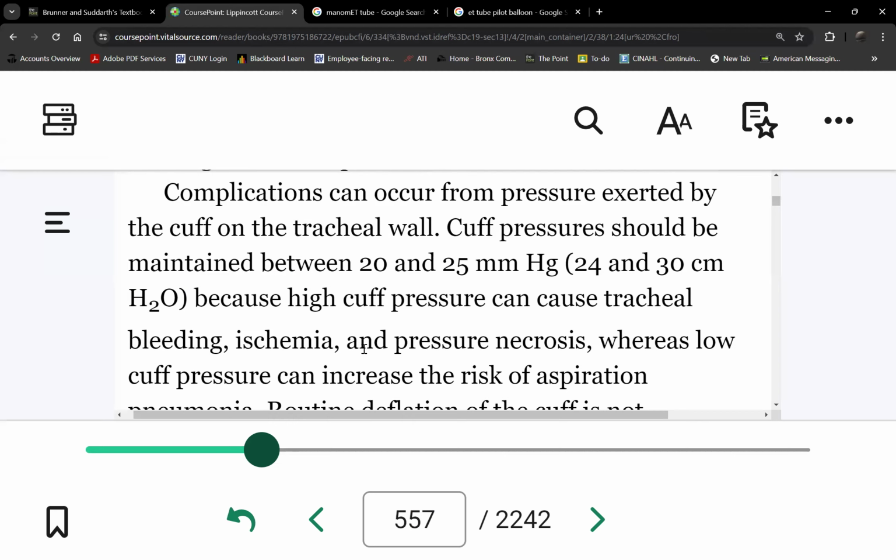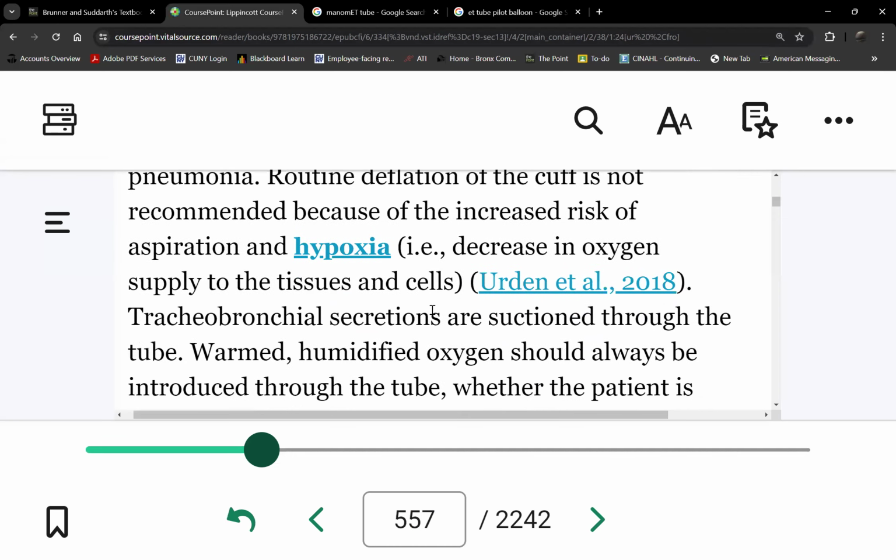It varies. Some people are tall, some are short, some are heavy, some are thin. But we know that these are the safe ranges for inflating an endotracheal or tracheostomy cuff.